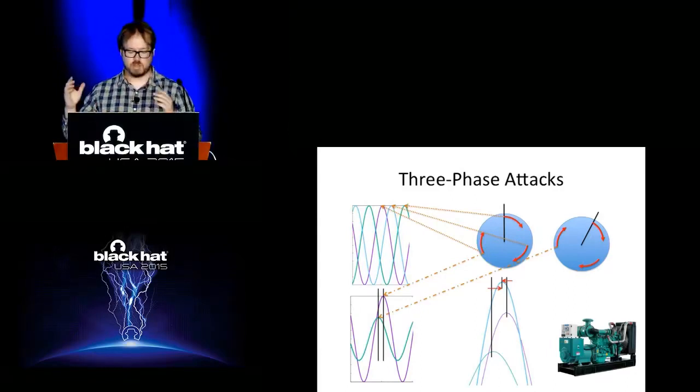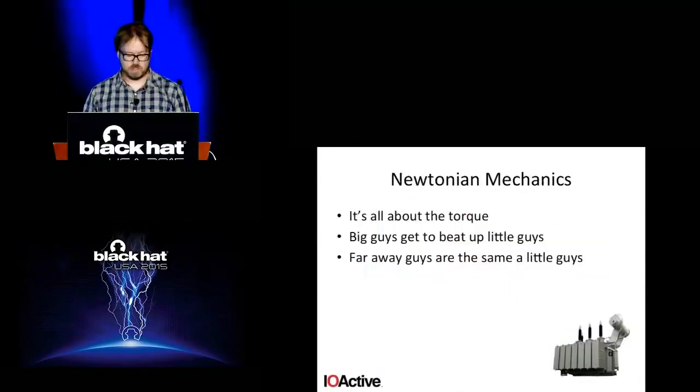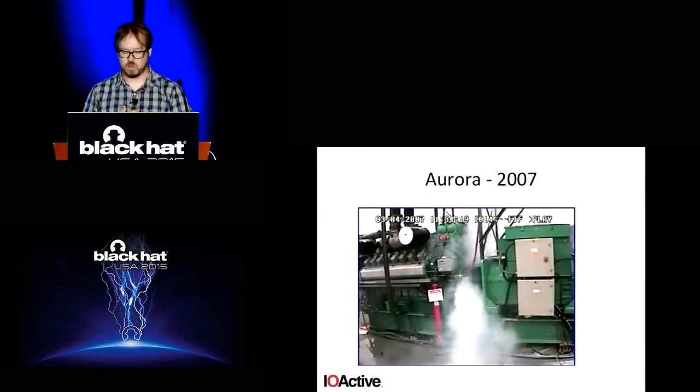So if you have two generators sitting next to each other and you bring them in phase and they're the same size, they're both going to be torqued back towards each other. If you have one bigger generator and one smaller generator, that's going to experience a lot more force. And so the classic case, this is pure Newtonian mechanics, the classic case of this was the Aurora experiment done at the INL, where they bounced the generator up and down off the floor and broke it into little pieces.